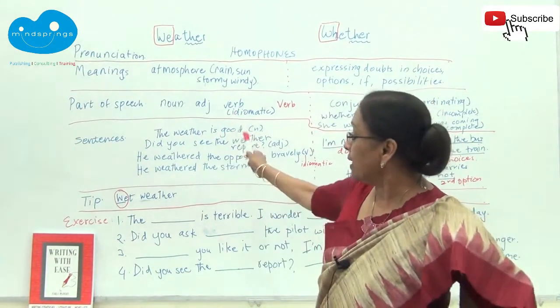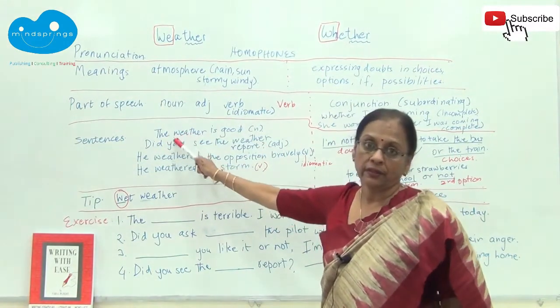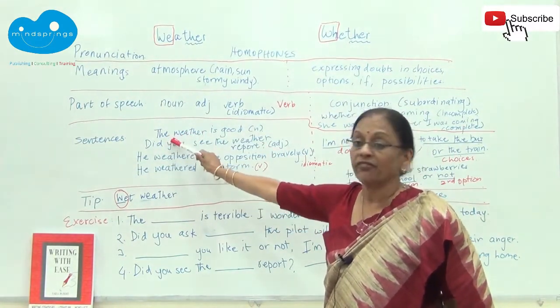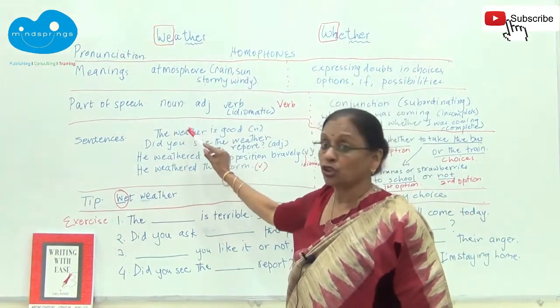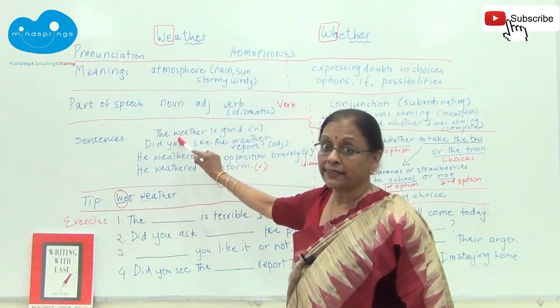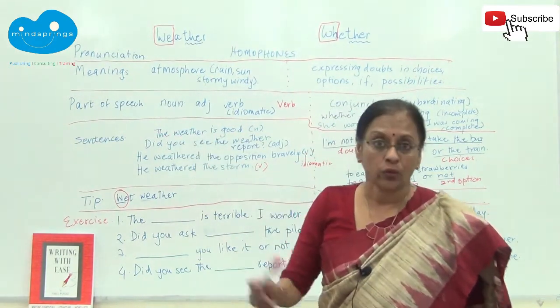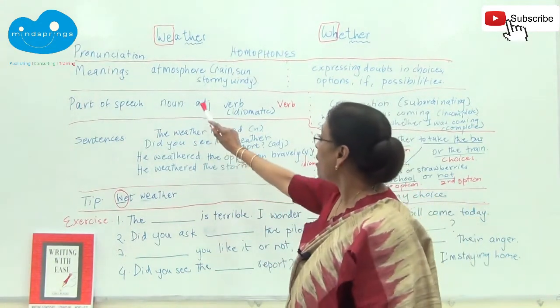Okay? So let's see what it is. The weather is good. Now see, the weather. I've been telling you in all my videos, if you have an article in front of the word, and it's not some kind of an adjective there in the middle like good, bad, etc., then it's a noun. So the weather is good is a noun.